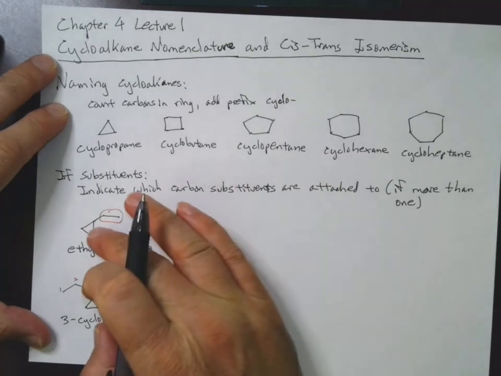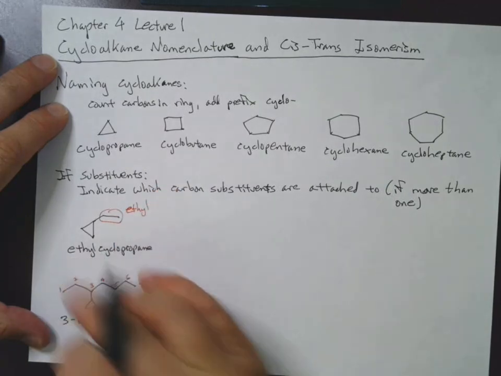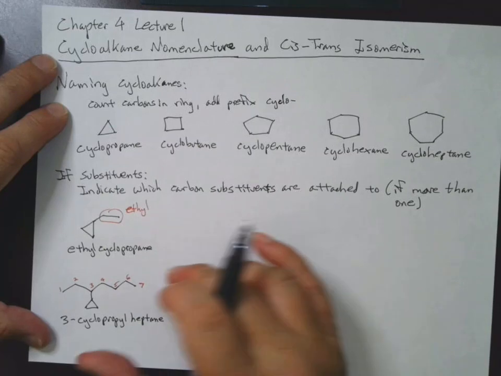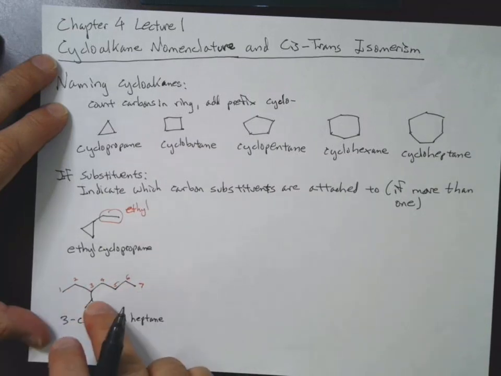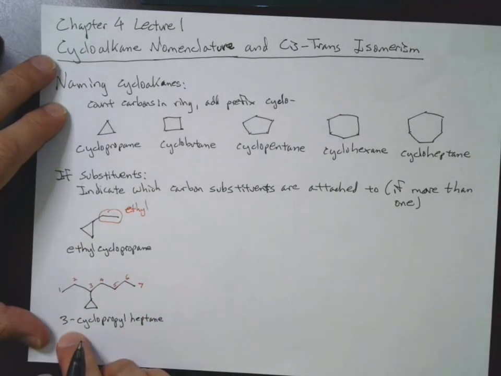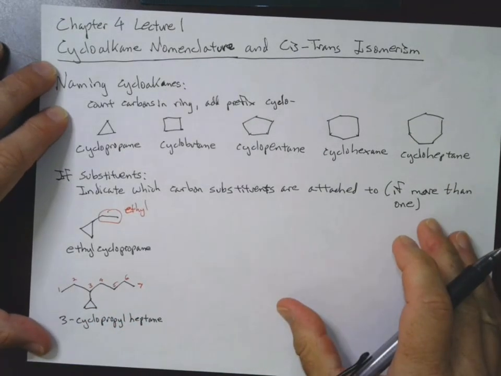So if we have one substituent, we would just name it, and then the cycloalkane name. If the main chain is actually larger than the cycloalkane, we would name the main chain and then name the cycloalkane as a substituent. So this would be cyclopropyl, just like we did with alkyl substituents.